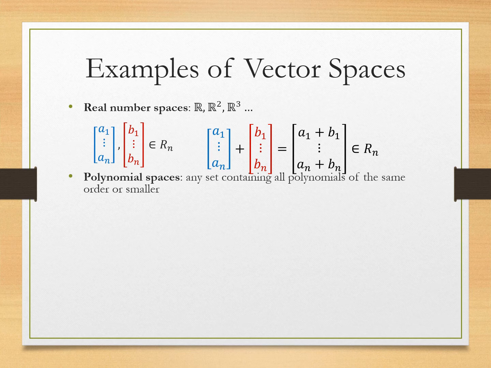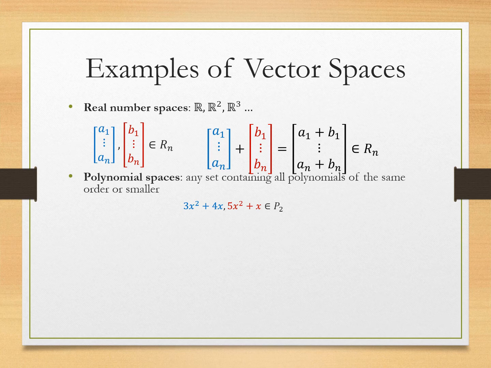Next, polynomial spaces. Any set containing all polynomials of the same order or smaller is a vector space. Note that the "all" is necessary. You need to contain all polynomials of the same order or smaller. So the idea is this, right? Let's say you have 3x squared plus 4x, that's a polynomial of order 2.